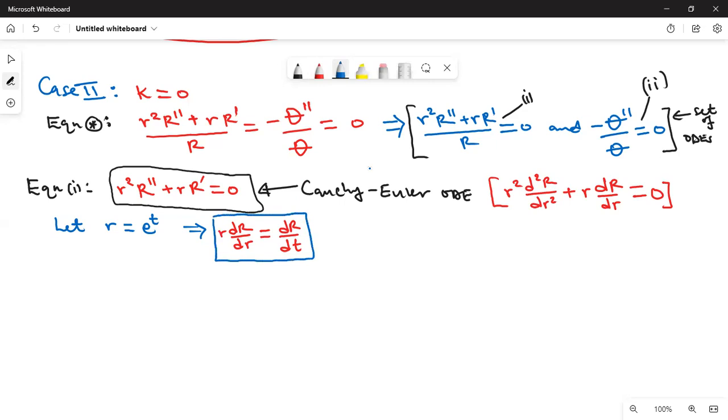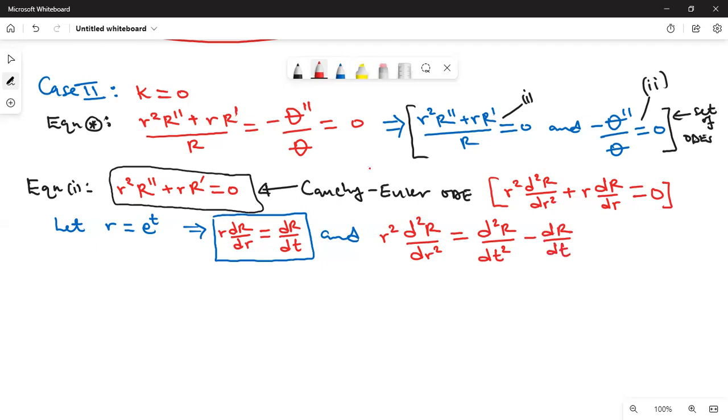So the first derivative will transform in this manner. What about the second derivative? Where we have r squared d squared R dr squared, this will give you d squared R dt squared minus dR dt.